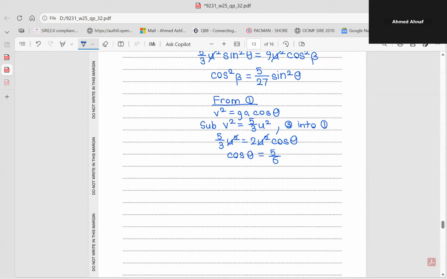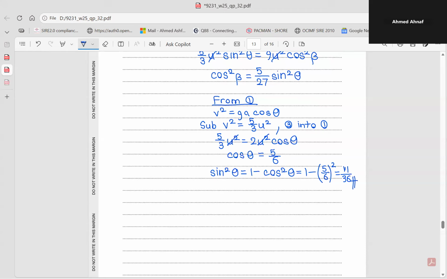But we want sine squared theta, so that's very easy to find. So we know that sine squared theta is just 1 minus cos squared theta from the trig identity. So we can just do 1 minus 5 over 6 squared. That would give us 11 over 36.